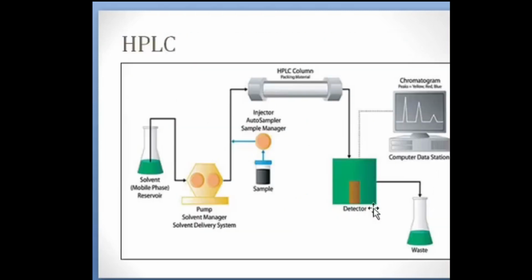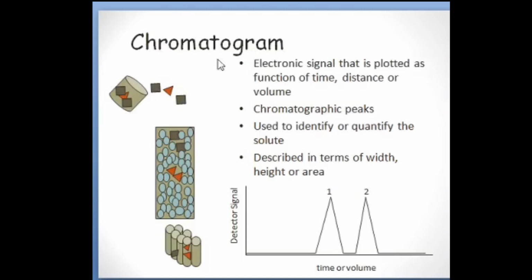Before going further, let me talk about the chromatogram. What is a chromatogram? It is just a signal, a visual output. Like an ECG: you put some leads on your chest, and the output you get is a graph. It is very similar to that. The x-axis will be the retention time, whereas the y-axis will be the signal or the concentration, and these are the chromatographic peaks.